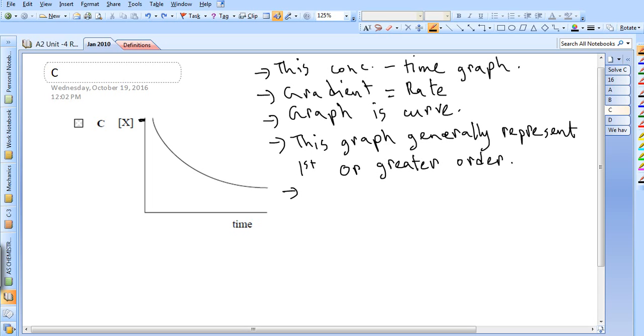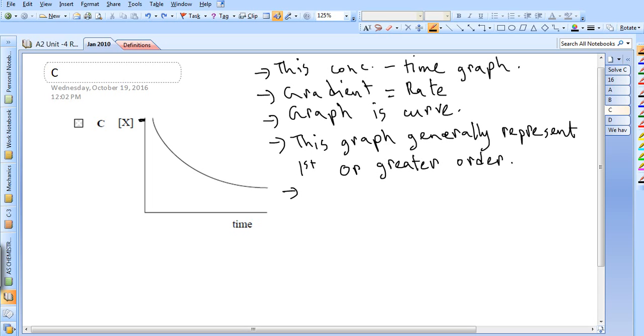let me tell you what is meant by half-life. Half-life is the time taken for the initial concentration to become half, just like radioactive. In radioactive decay you have learned about half-life.